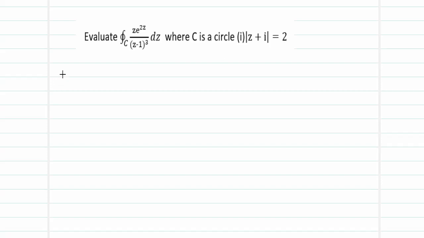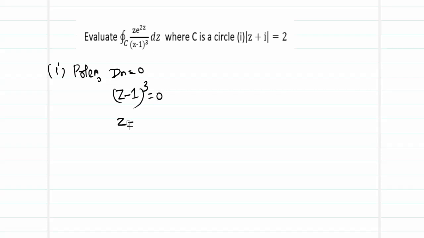The first thing is we need to see that we have (z minus 1) the whole cube in the denominator. Point number 1, to get the poles, what do we have to do? We will have to equate the denominator to 0. When I equate the denominator to 0, I have (z minus 1) the whole cube equal to 0.